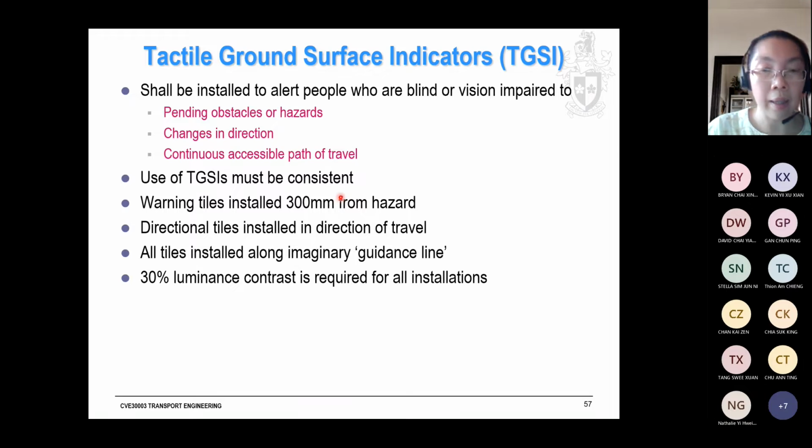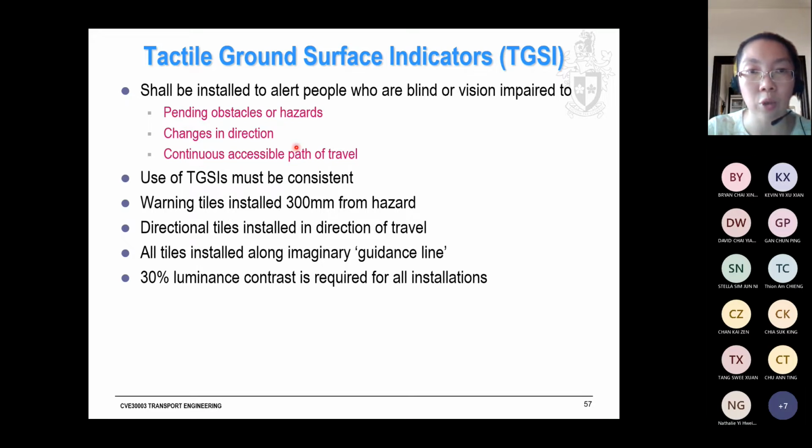Other facilities that we provide are tactile ground surface indicators, TGSI in short. These are to alert people who are blind or visually impaired to pending obstacles, to changes in direction, and to assure them that there is a continuous accessible path ahead of them.